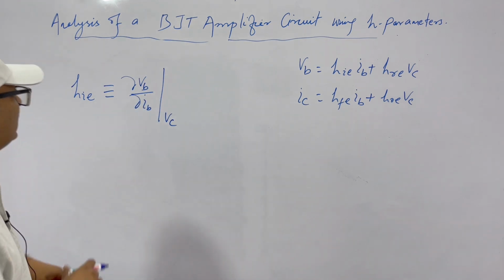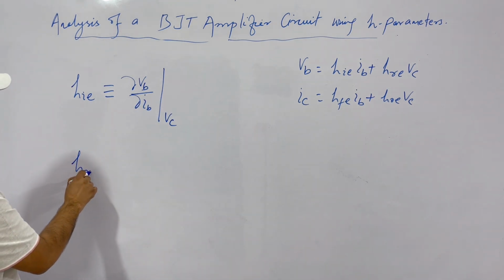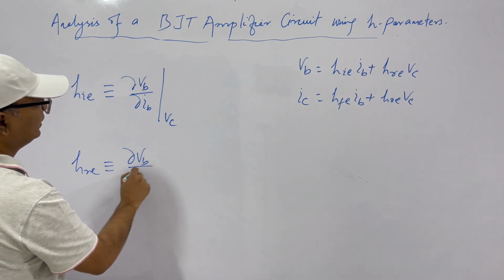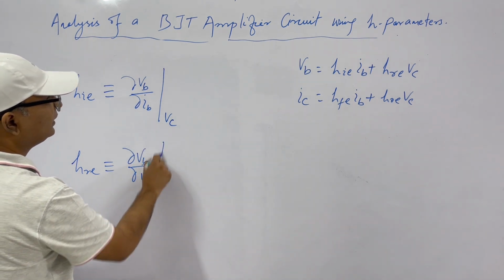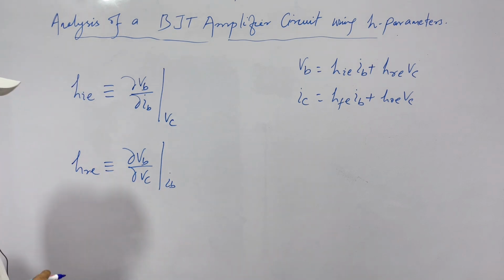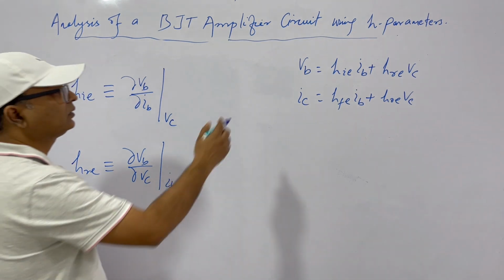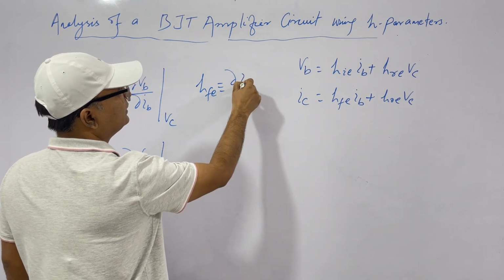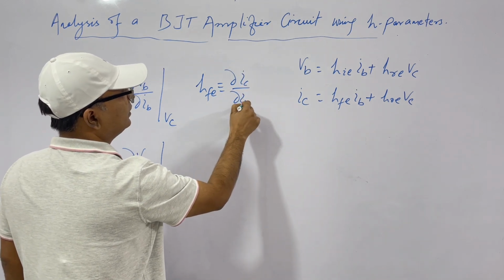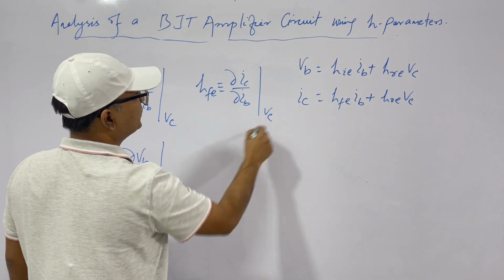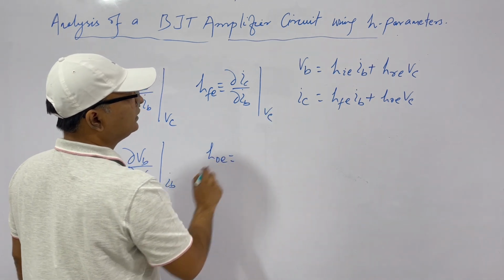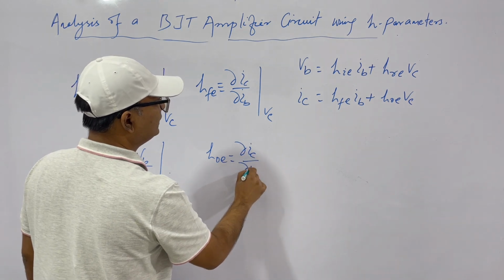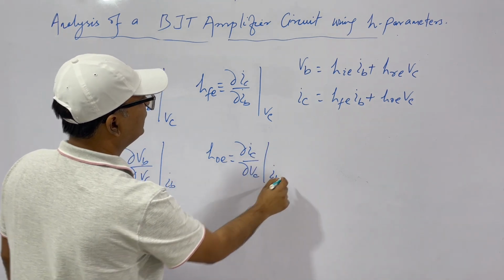So this is HIE. Second is HRE. This is defined as del VB by del VC, keeping IB constant. Okay. This is HRE. Now third one, HFE. This is defined as del IC by del IB, keeping VC constant. And finally HOE is del IC by del VC, keeping IB constant.